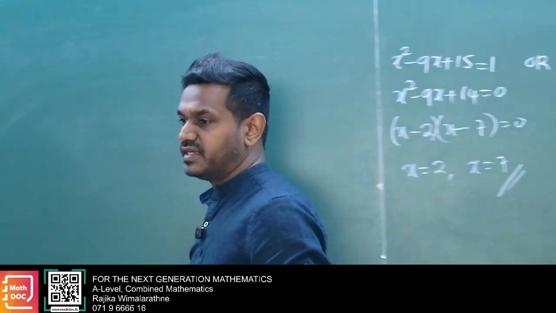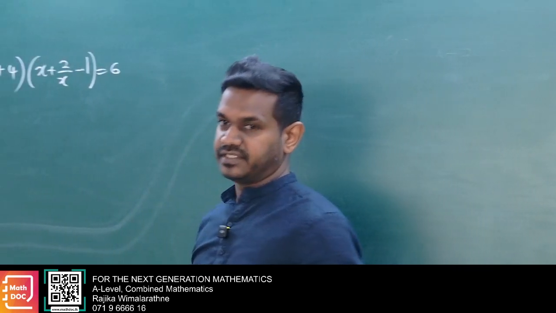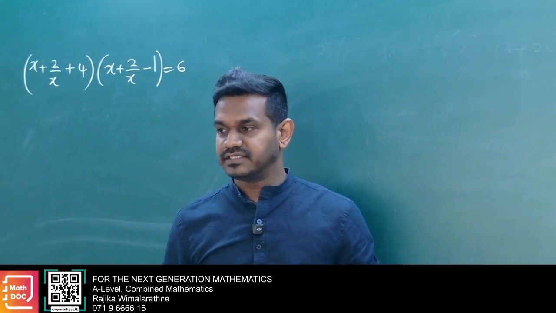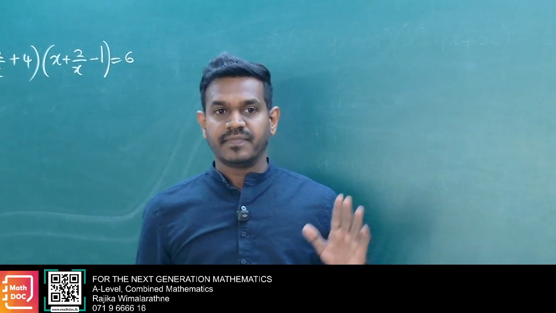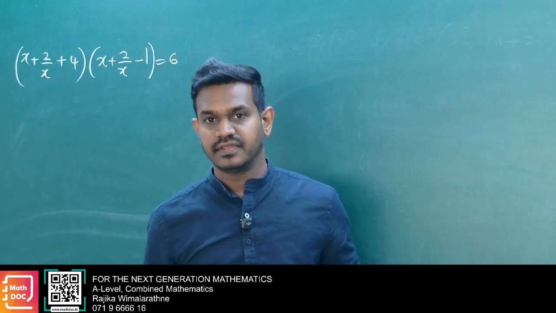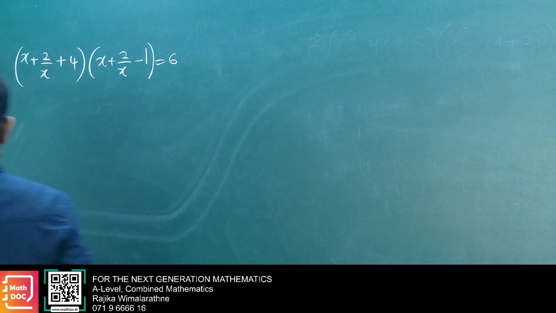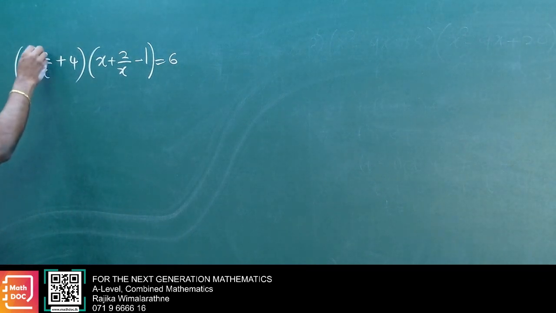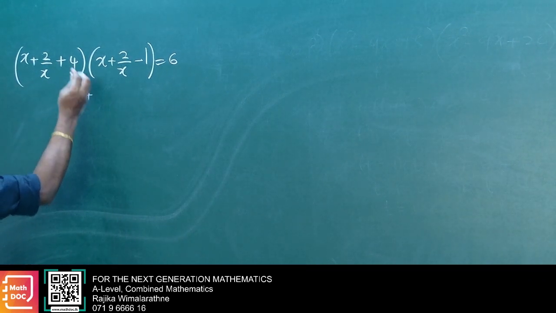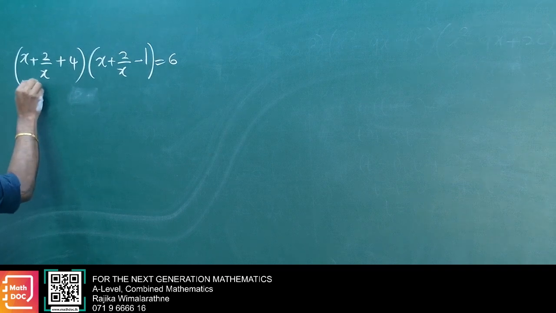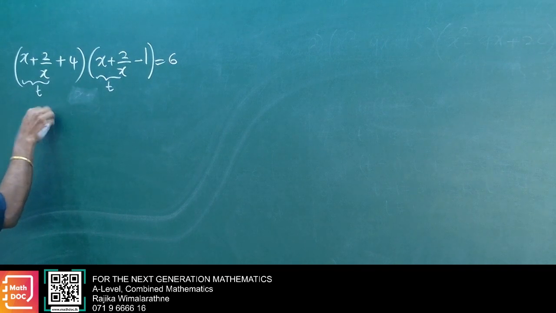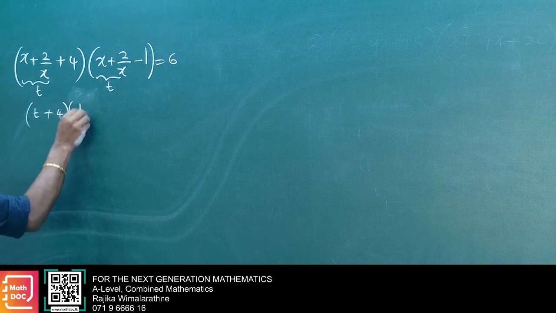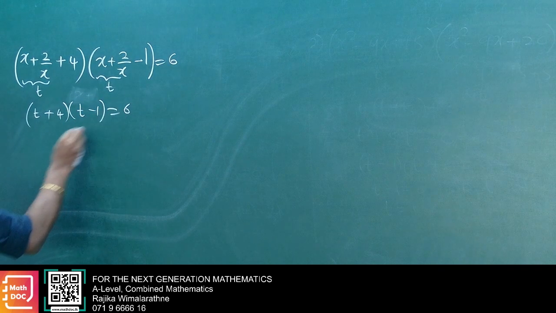There can be different substitutions, okay? But the final answer must be the same. Then question number 3, I'm going to use x plus 2 of x equal t. Then here (t plus 4)(t minus 1) equals 6.